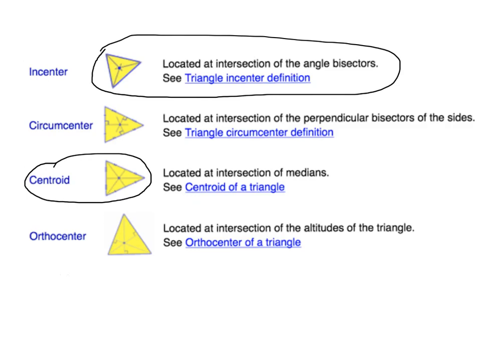The incenter is the one I'm going to show you right now. The incenter is where the angle bisectors all match up. And doesn't it look like these two pictures are exactly the same? Well, this is where the medians are all intersecting in the centroid. These are not medians here, these are angle bisectors. And when the angle bisectors all agree, we create something called the incenter.